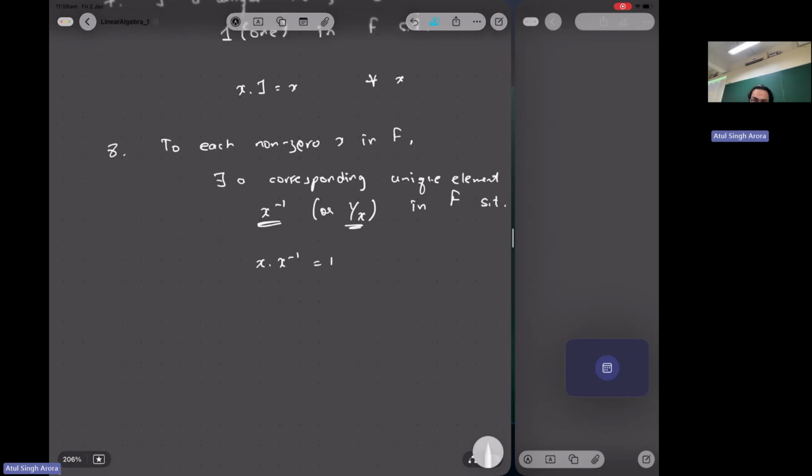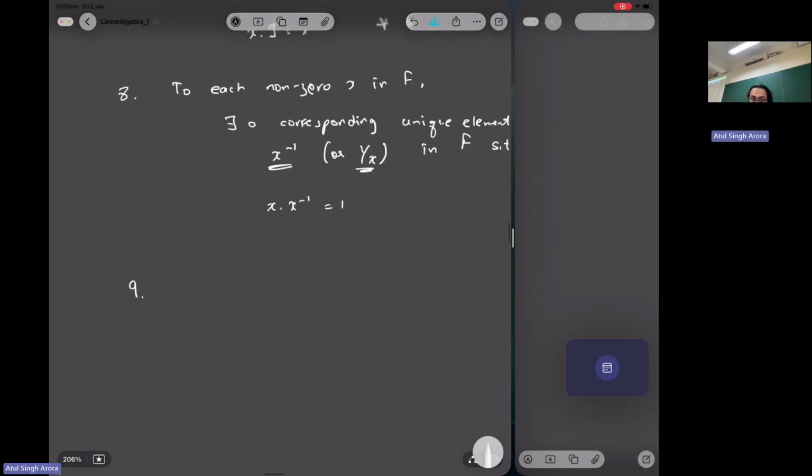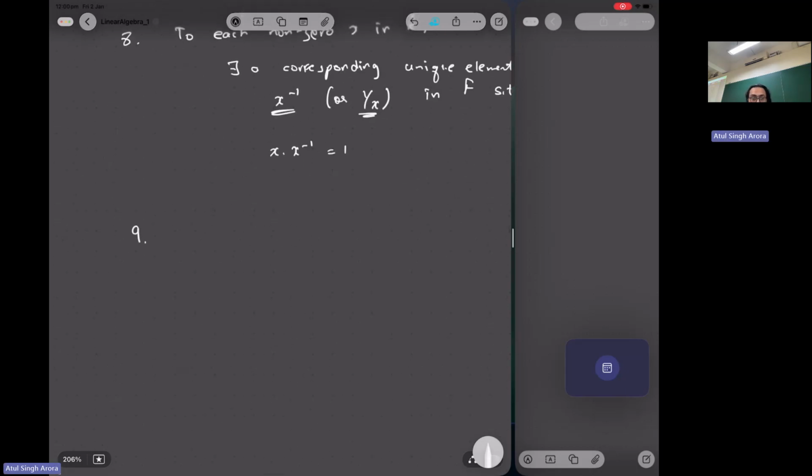Yeah. So this one is completely trivial, it's just standard algebra. And then finally we have multiplication is distributive.